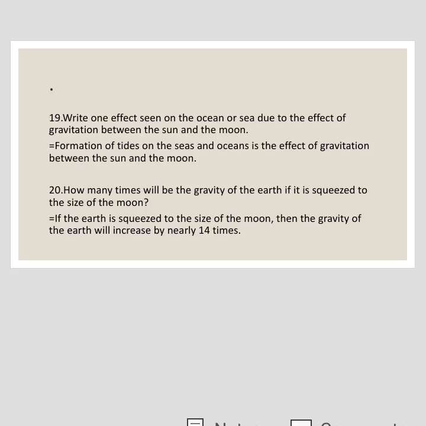This is because the mass of water in the lakes is very, very much smaller than that of the seas and oceans. Due to this, only the water of oceans will be affected by the gravitational force between the sun and the moon, and as a result tides are formed.